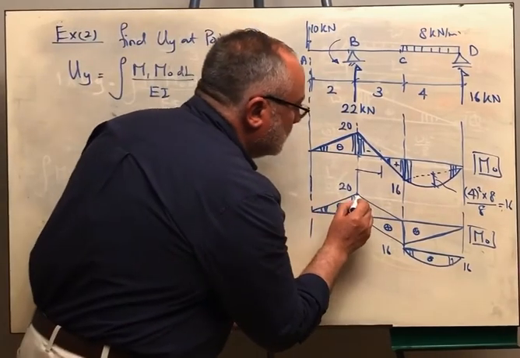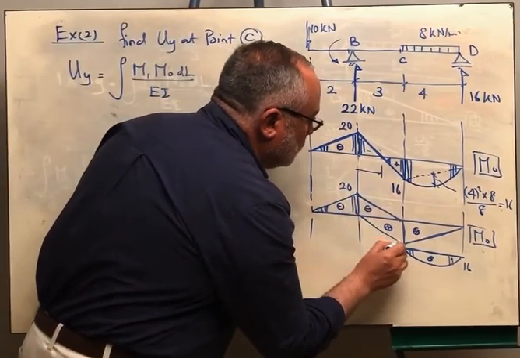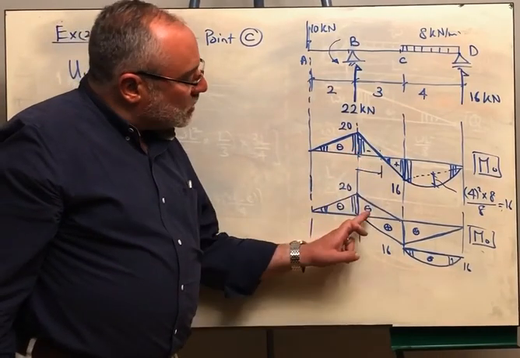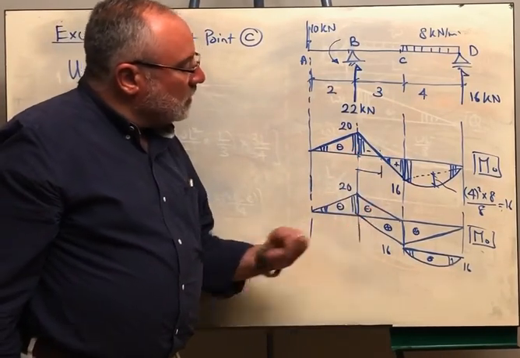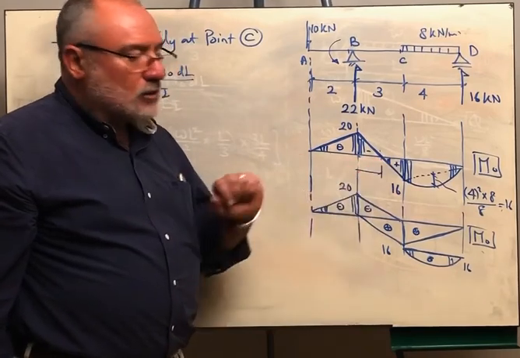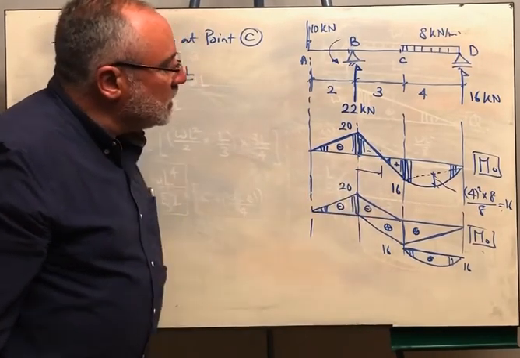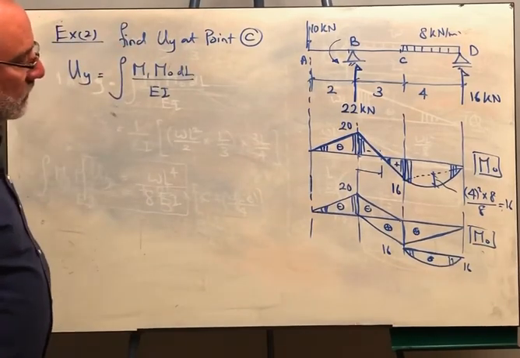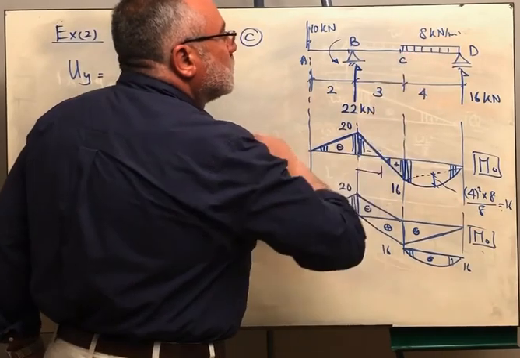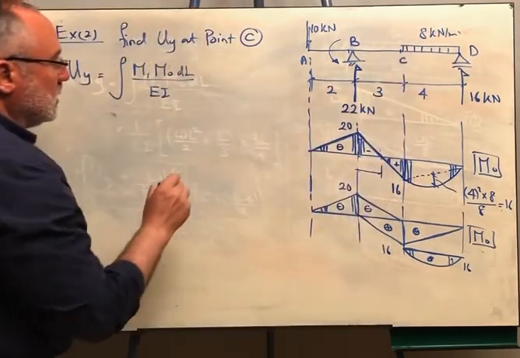Now take care that you can take these two triangles as this shape, or you can take two triangles this way. The superposition of these two triangles will result in that one exactly. But this one is very easy in the integration process. Now, if I want to get the deflection at point C, I will locate a unit load here.